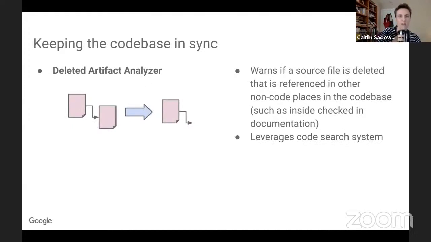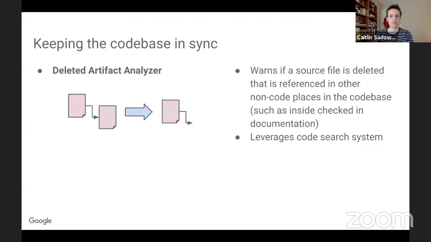One last category I want to mention is analyzers that work to keep the code base in sync. You're analyzing one program, but you're leveraging general information from the rest of the code base. For example, we have a deleted artifact analyzer.